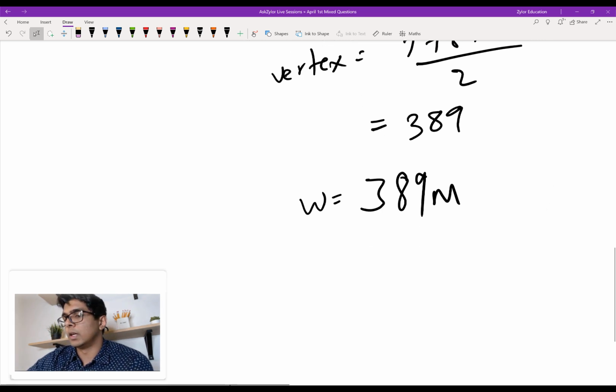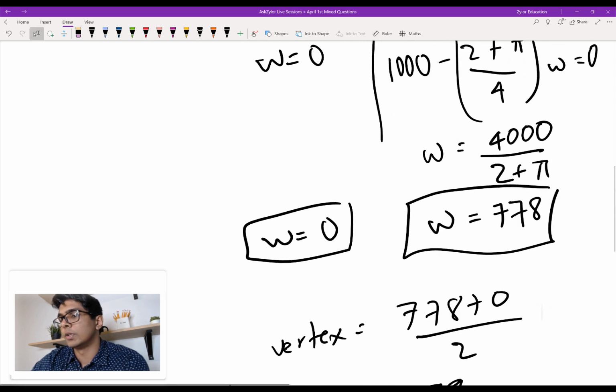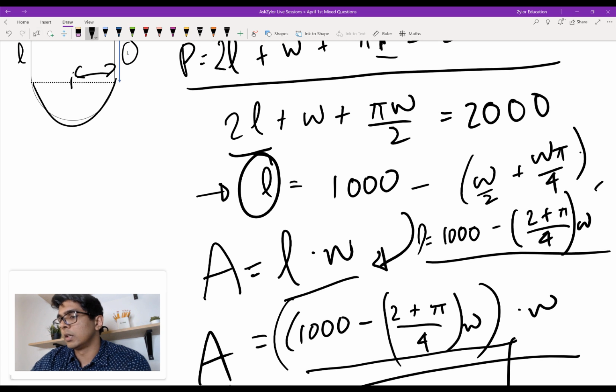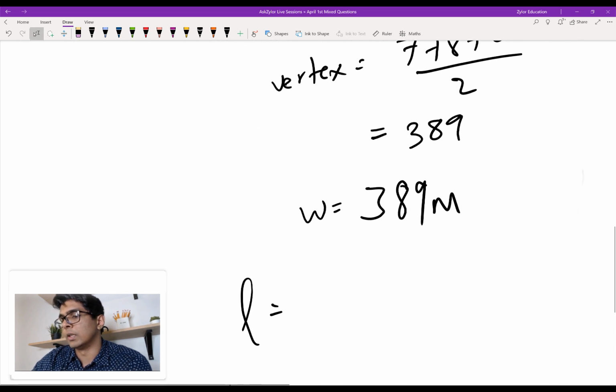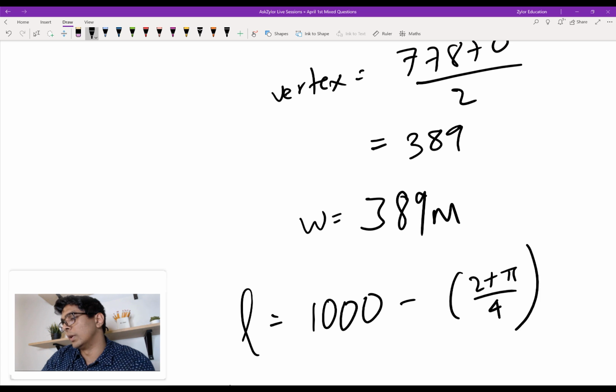To find the other dimension, which is my length, all I'm going to do is substitute my width into that equation. My equation was this thing over here, so I'm going to rewrite that just to make it clear. It's going to be 1000 minus 2 plus pi over 4 times my width.